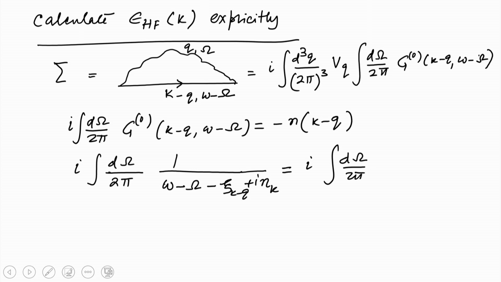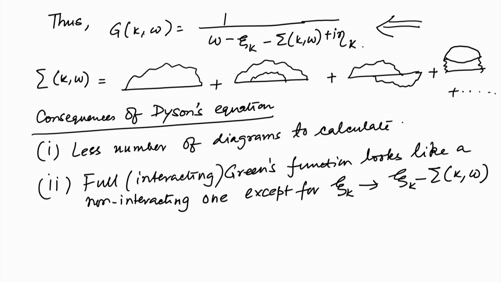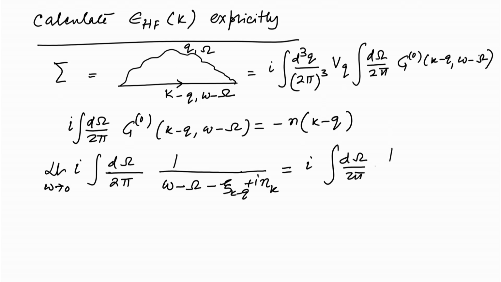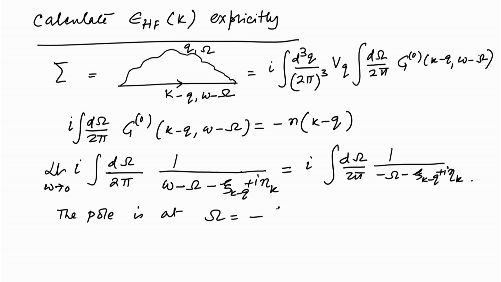So, in the limit omega going to 0, because these are equal time, this interaction happens instantaneously, and now we have minus omega minus xi k minus q plus I eta k, and the pole is at omega equal to minus xi k minus q minus I eta k.